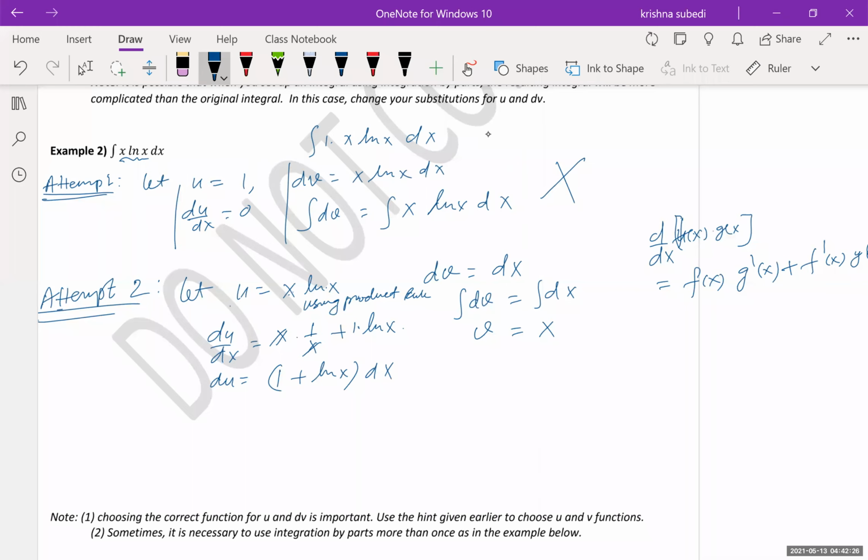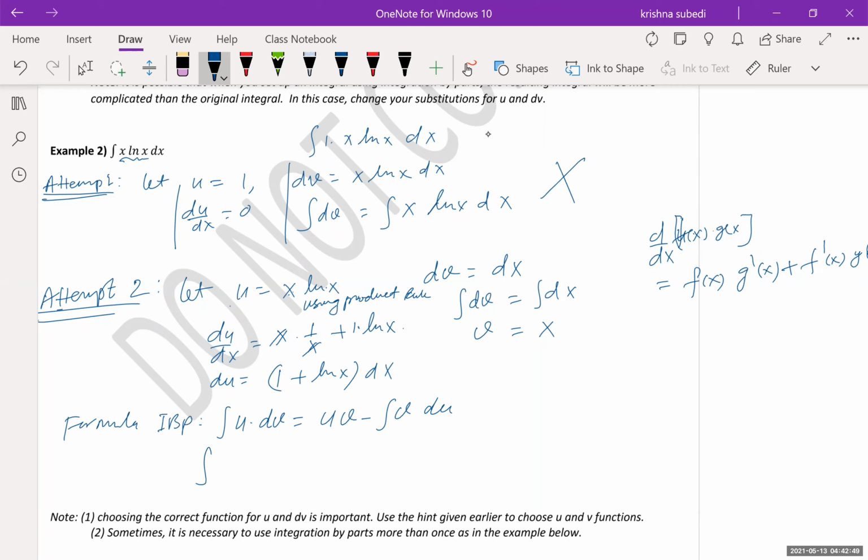All right, now if I want to use integration by parts, what happens? The formula IBP is, integration of u dv equals uv minus integration of v du. So that's the formula. Let me substitute the values.